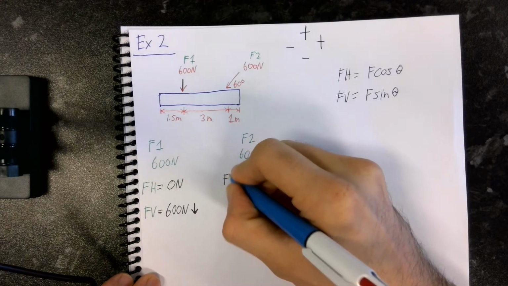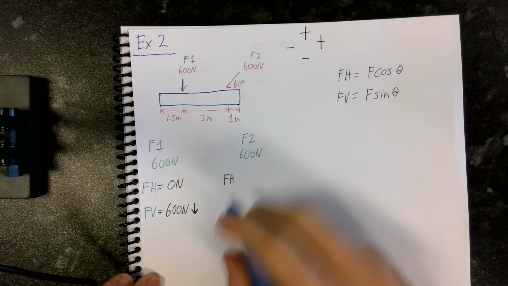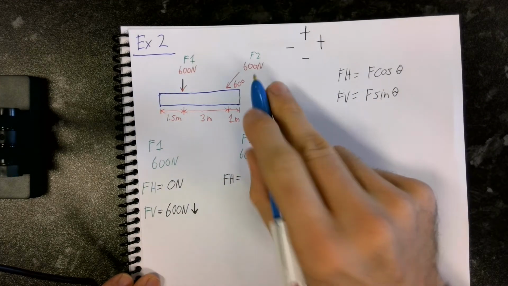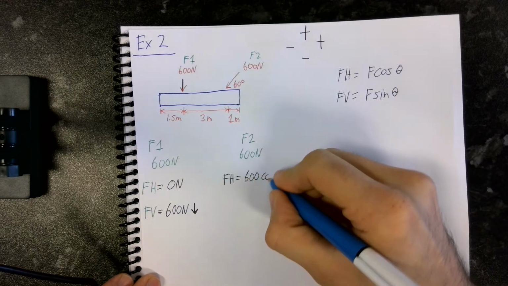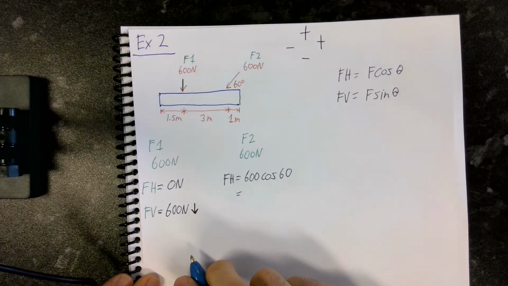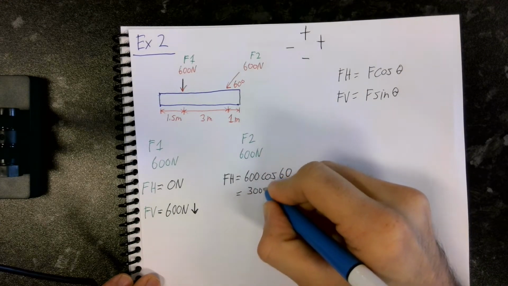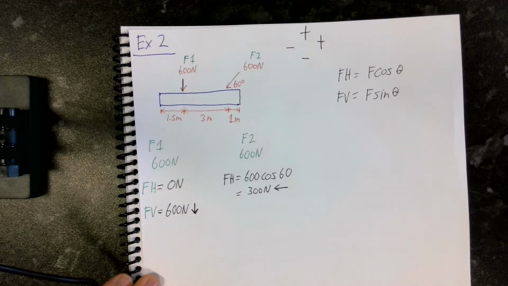Force horizontal for this one. Now this is an angled force, so we need to use these formulas, don't we? So force horizontal, force is 600, cos, angle 60, good. That gives us a force of 300 newtons. It's a negative, so our arrow goes this way.